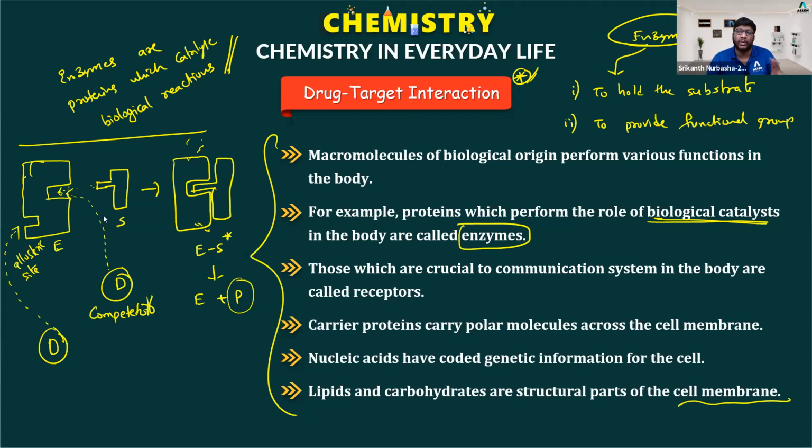So these are the two ways in which the drug can interact with the target. First, you should know the enzymatic activity. Enzymes hold the substrate molecules and provide the functional groups. So drugs can act as competitive inhibitors, or they can bind at allosteric sites, so that the structure of the original active site is changed.